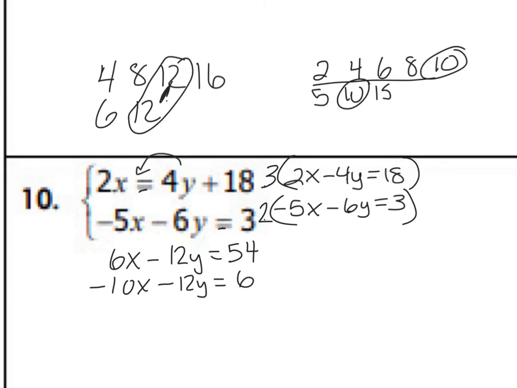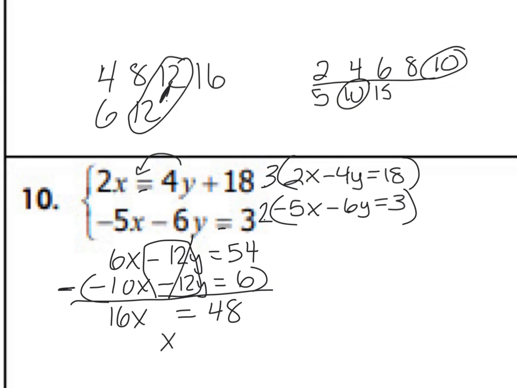All right, so I've got coefficients that are the exact same, so I'm going to have to subtract this equation. So 6x minus negative 10x, so minus a negative is plus, right? So it'd be 16x. Negative 12 minus negative 12 cancels out. 54 minus 6 would be 48. And then we divide by 16, and we're going to get 3.